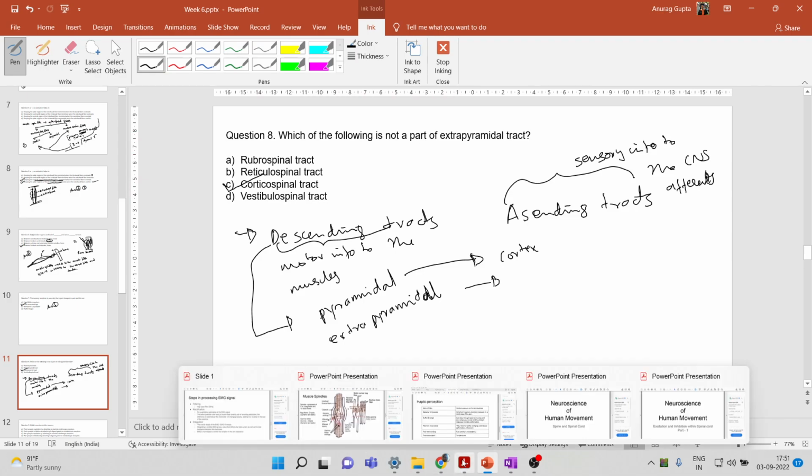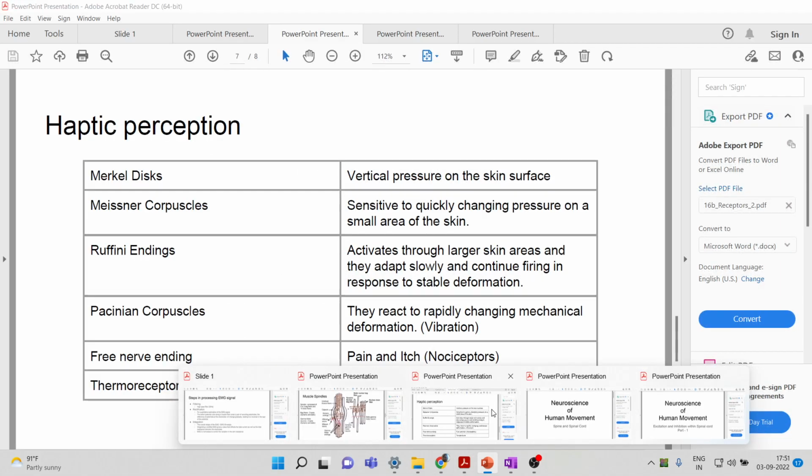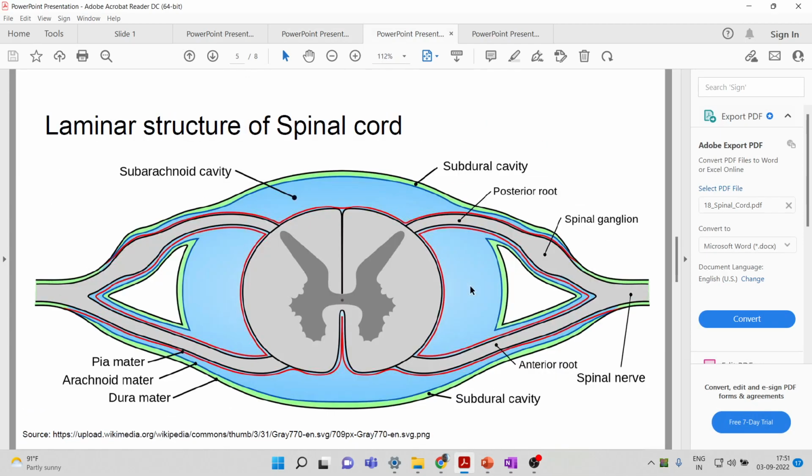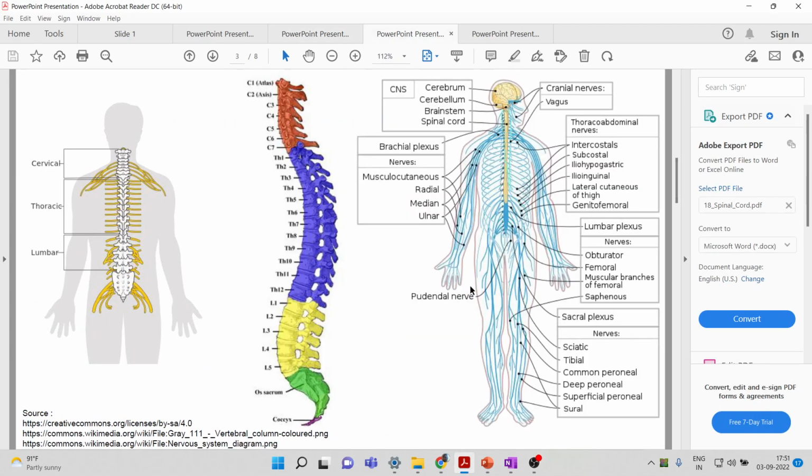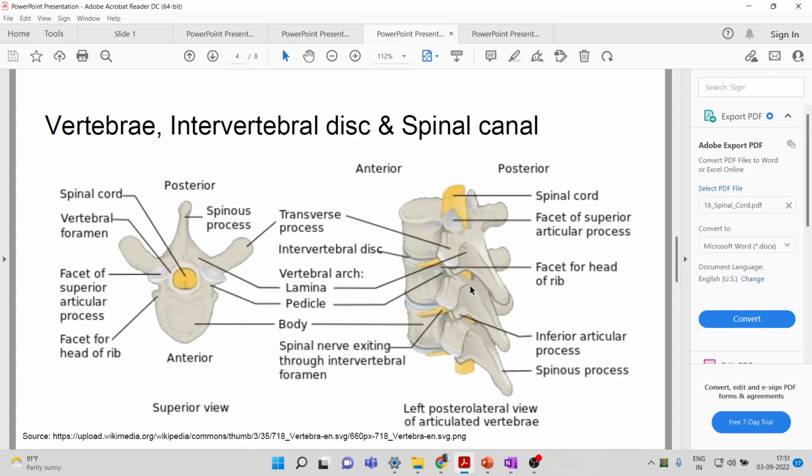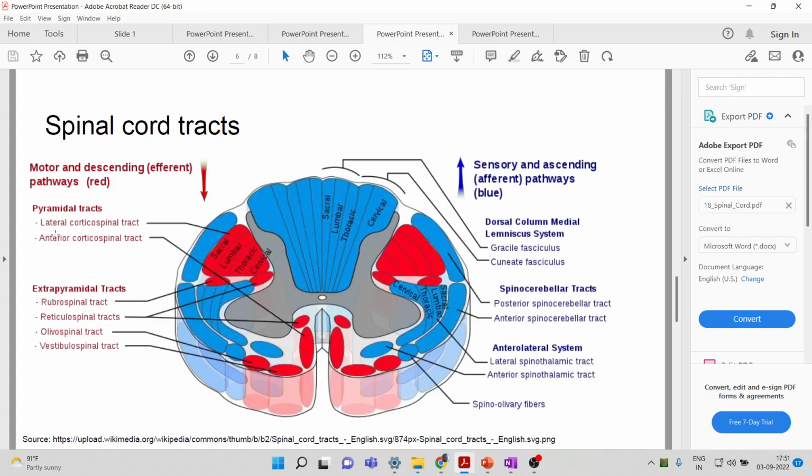I'll open the corresponding slide. You can see here the motor, descending, efferent pathways, and the sensory pathways are the ascending pathways.